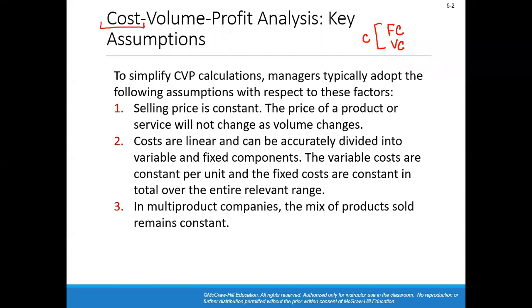We have the volume of activity. So by volume, we indicate the units of products we'll be selling, but when it is sales volume, we will express the volume in terms of dollars. So we have prices of products, because for getting the profit, we need the price.